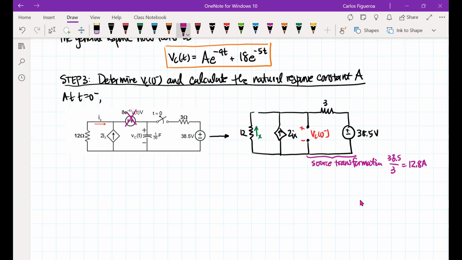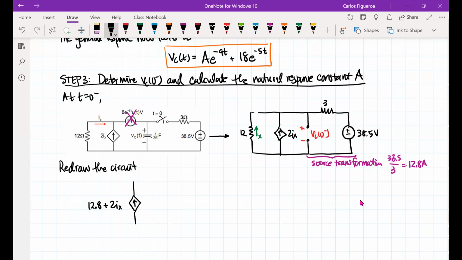I'm now going to add this new current source of 12.8 plus 2IX because they're pointed in the same direction. So now I'm going to redraw the circuit. Look at that, I have two sources. One is 12.8 plus 2IX. And then here's my dependent current source right here. So that's adding those two current sources.